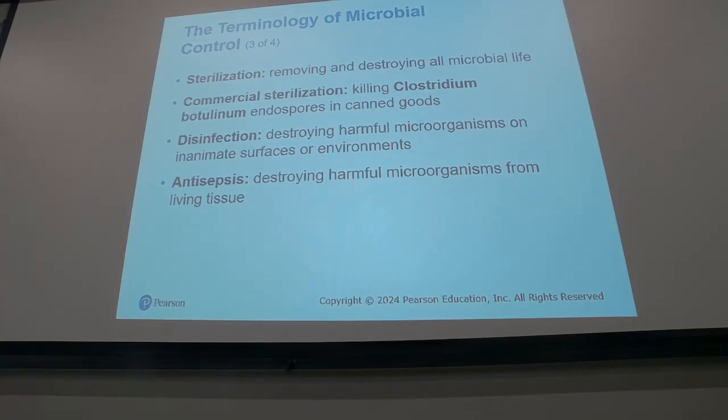Now, sterilization is the complete removal of microorganisms, all microbial life. We have different processes depending on what you're trying to achieve. For instance, for canned goods in the food industry, you use commercial sterilization, in which you want to kill a major pathogen, Clostridium botulinum.